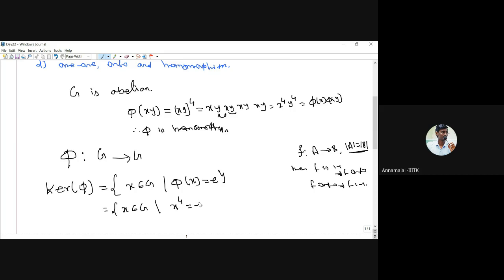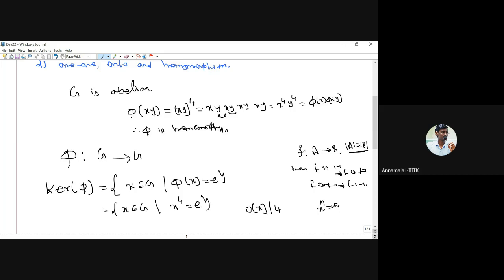So x power 4 equal to identity. So x power something equal to identity. Therefore, this 4 may be the order of the element. But we don't know this is the smallest such number. Therefore, order of x divides 4. So we know what is the meaning of order of the element. So n is the least positive integer such that x power n equal to e, then n is the order of the element.